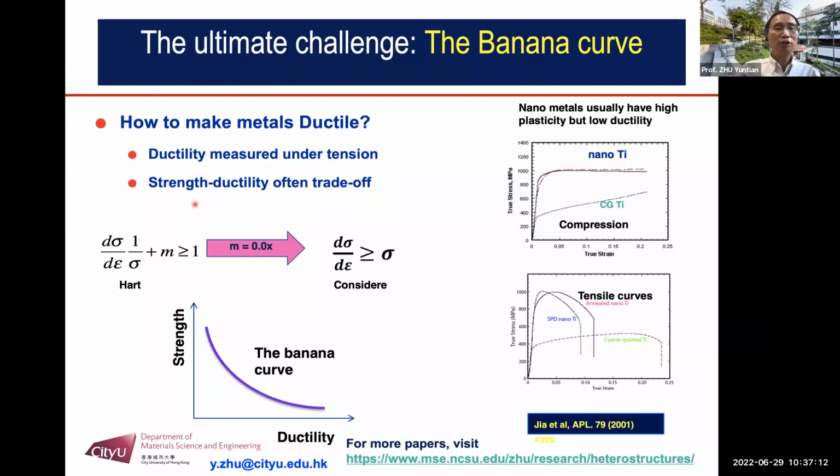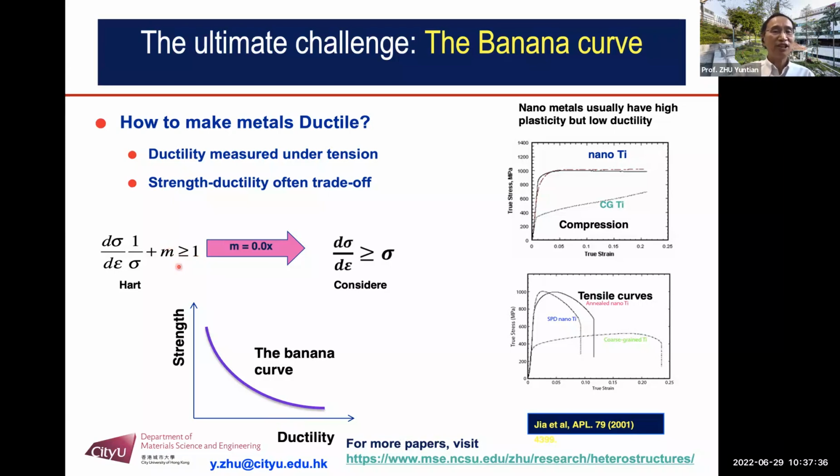Okay, how do you judge whether the sample will fail or not? First, there's a hard criterion. In this equation, you can see dσ/dε, normalized by the flow stress, plus m, larger than 1 for stable tensile deformation.